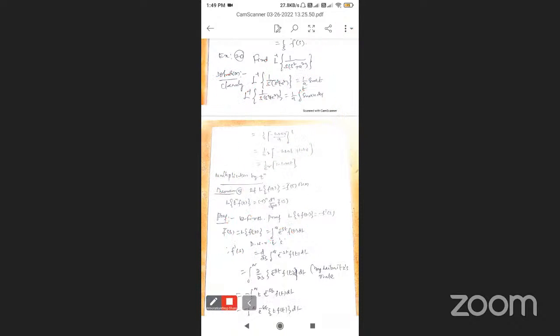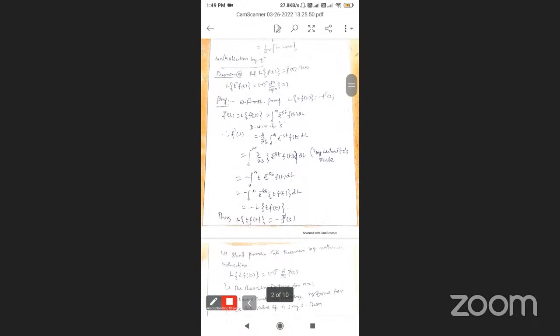Now this is the next theorem, theorem 5. What is theorem 5? This is on page number 198.